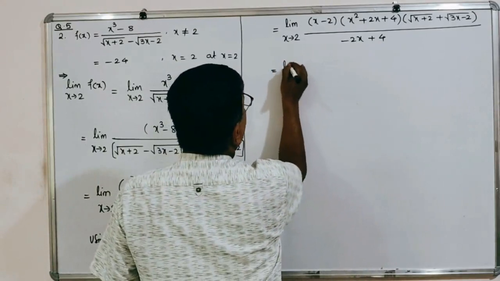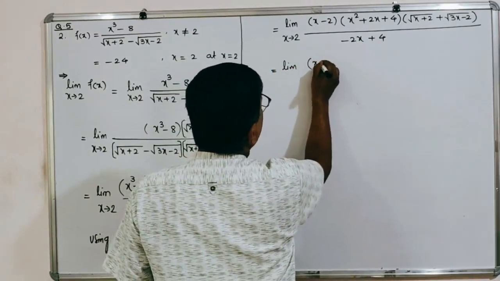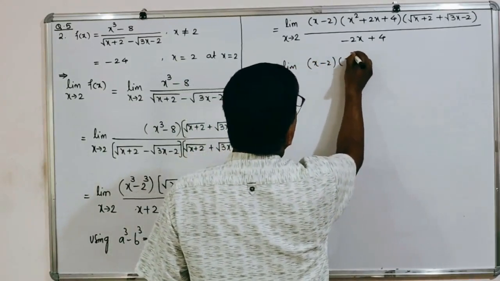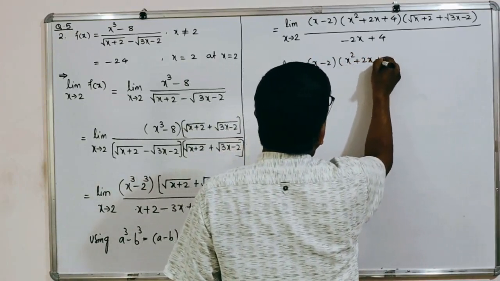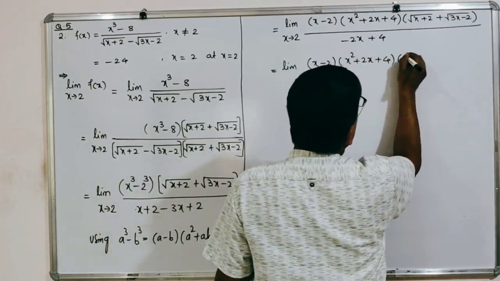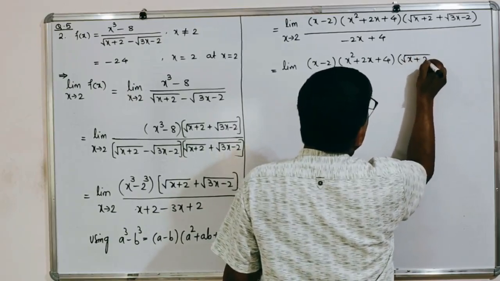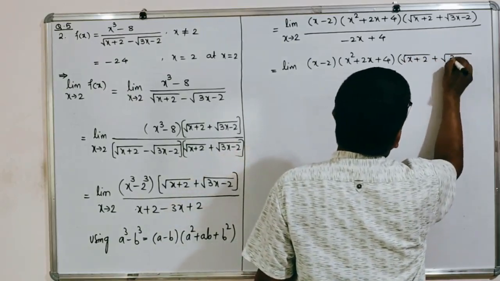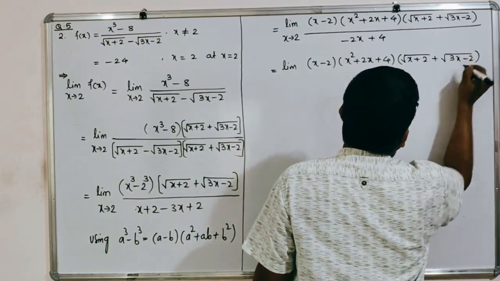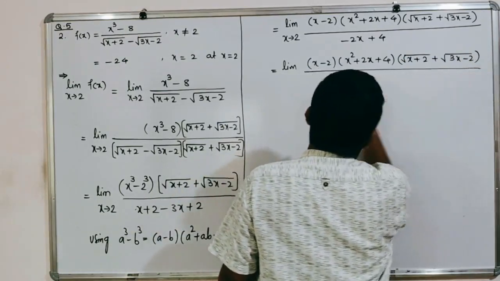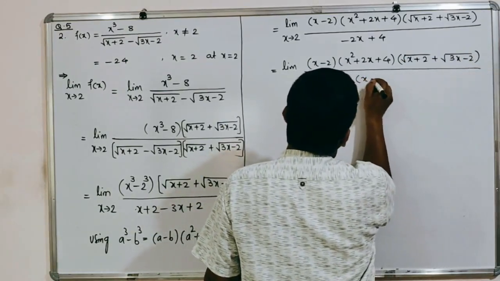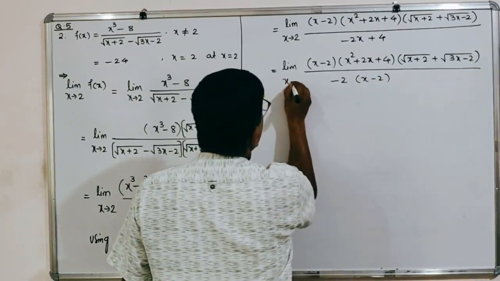It is equal to limit of numerator remains as it is, x minus 2 into x square plus 2x plus 4 into root of x plus 2 plus root of 3x minus 2, divided by minus 2 into bracket x minus 2 as x tends to 2.